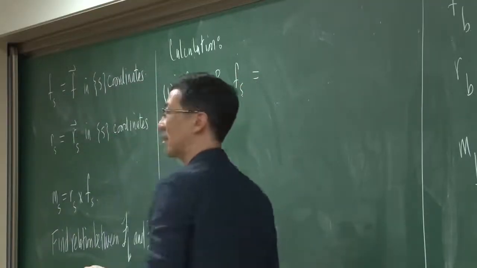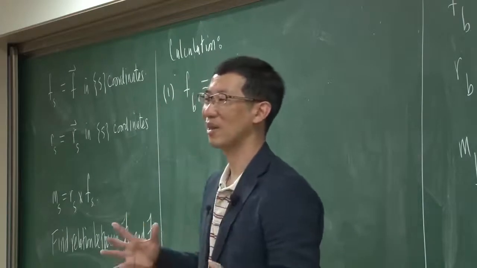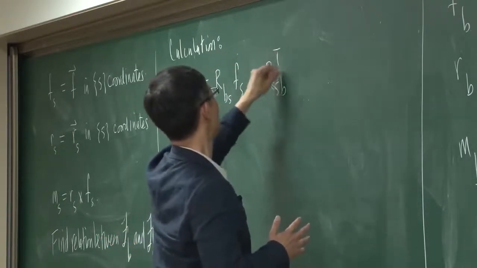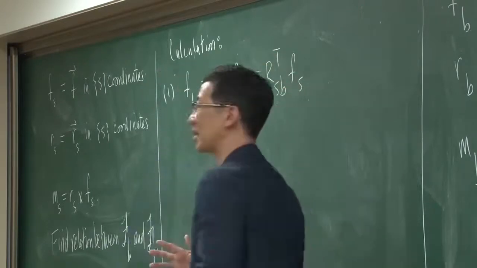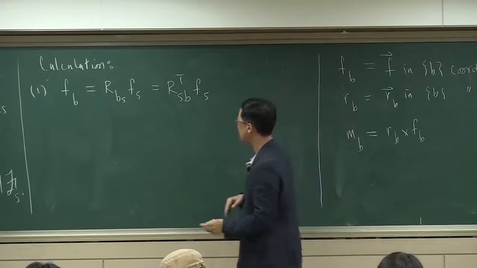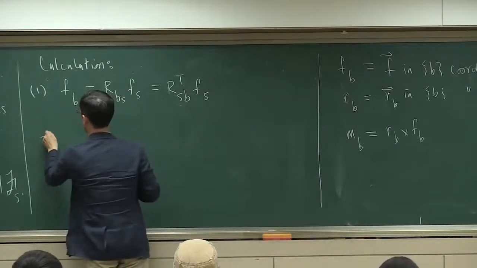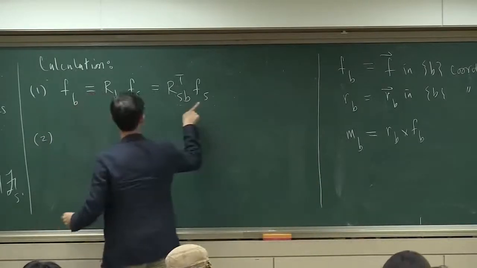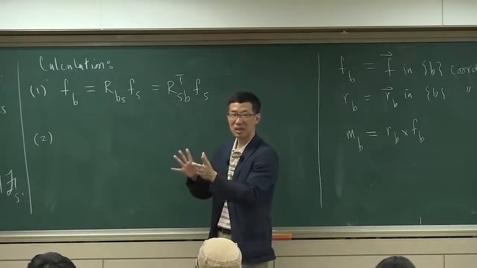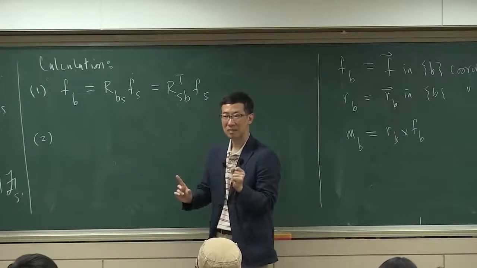But I know the answer I want, so I'm going to write it in that way. So the f part is easy. Now let's calculate the relation between m sub s and m sub b.